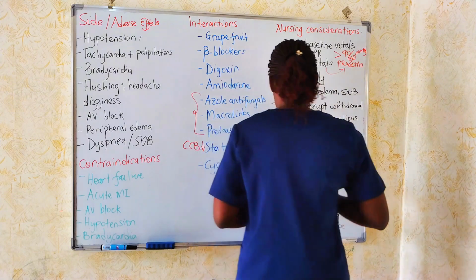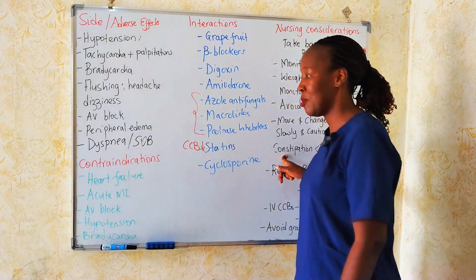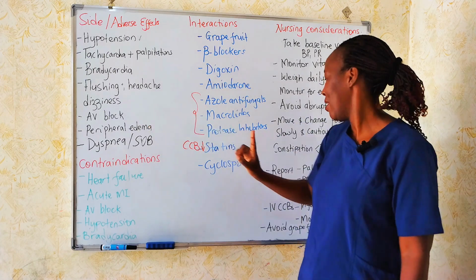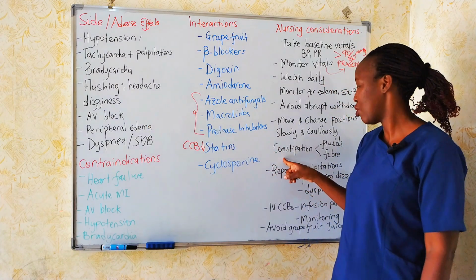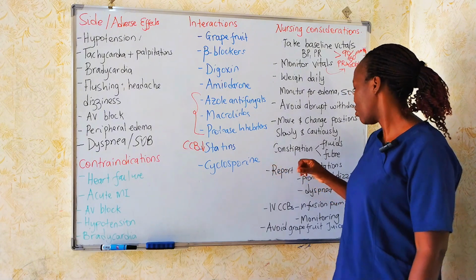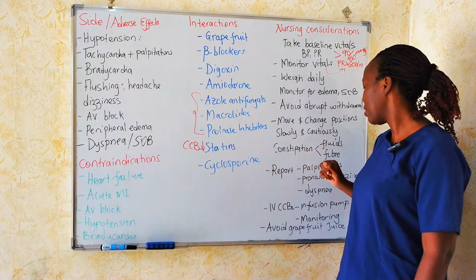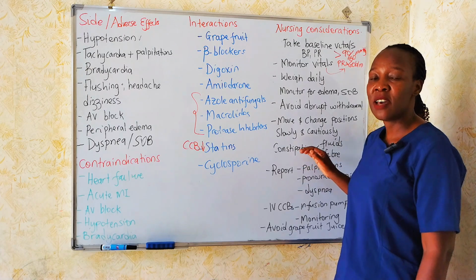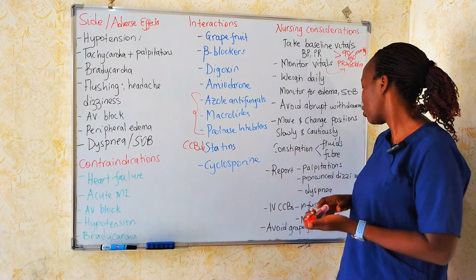Now, calcium channel blockers also do cause constipation. I forgot to add it here. Verapamil is known to cause constipation. So for that reason, we want to teach the patients to increase their fluid intake, but also to increase fiber in their diet to help with the constipation.